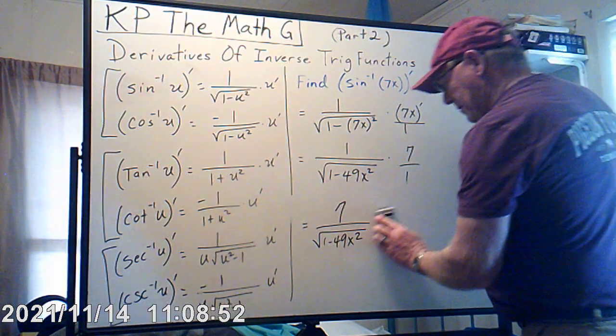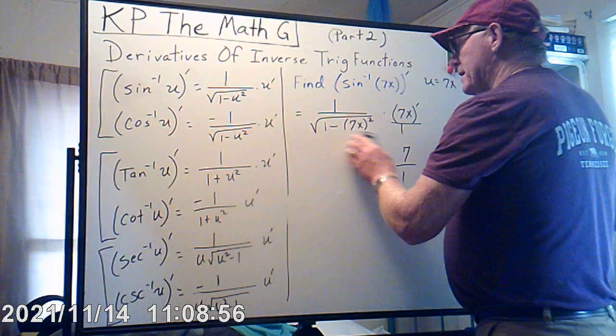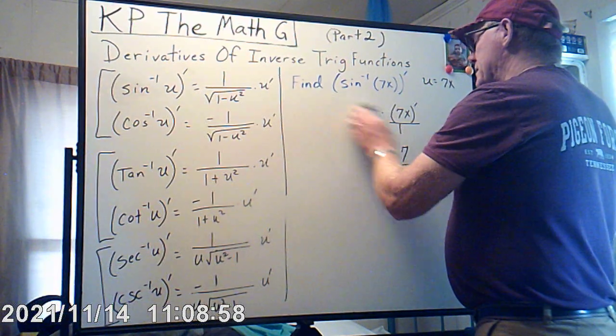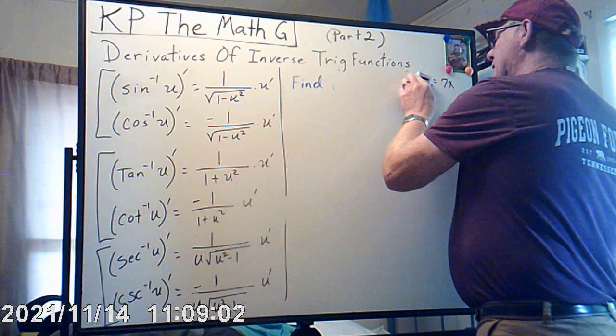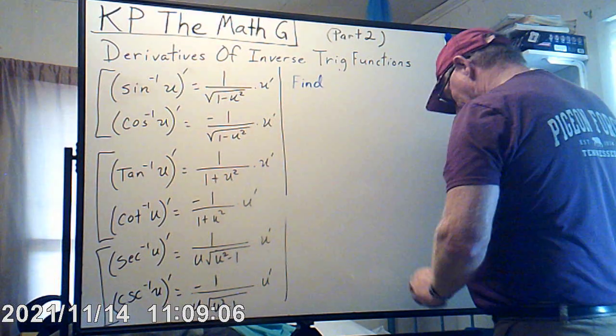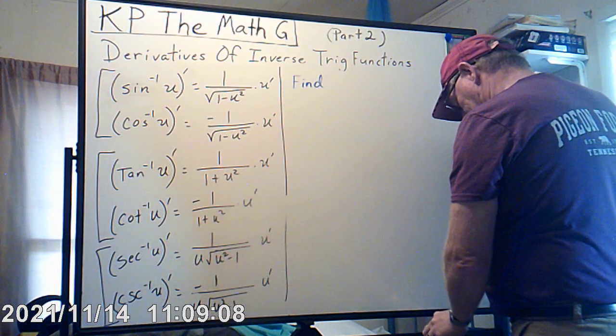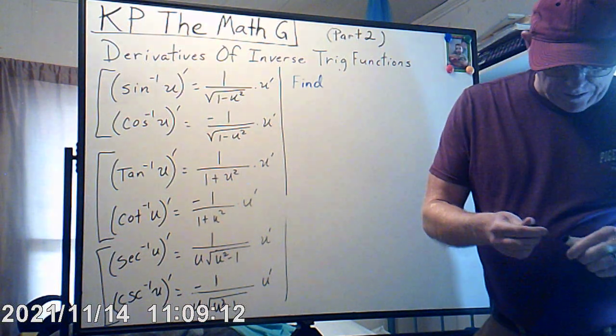Okay, let's go ahead and do another one. They get a little more difficult. I'm going to skip cosine for now. The one for cosine is a little more difficult, so I'm just going to go with tangent.